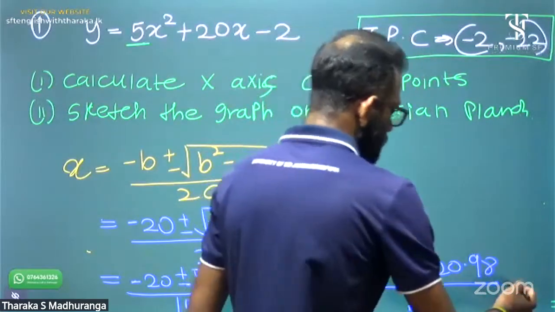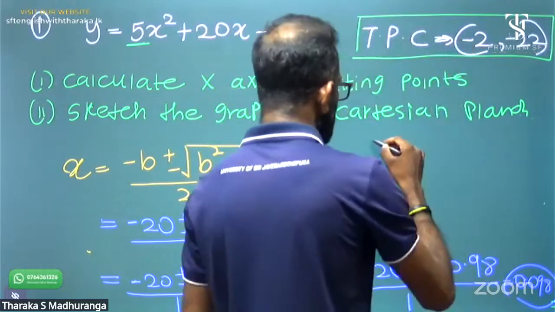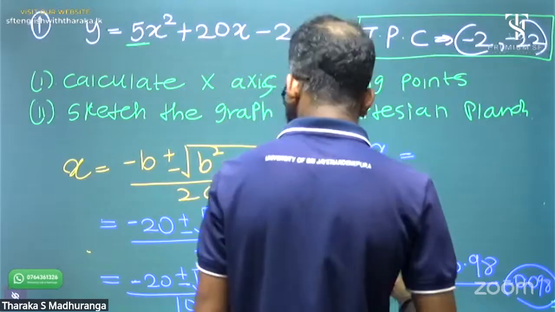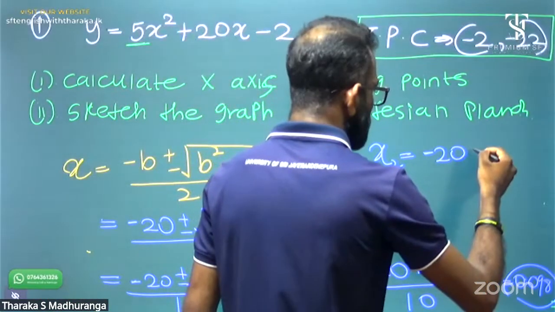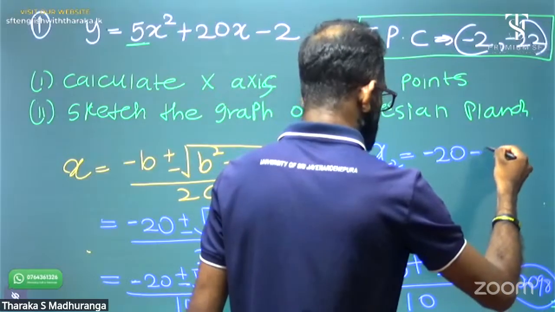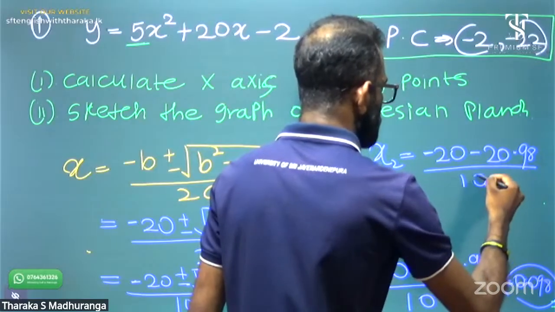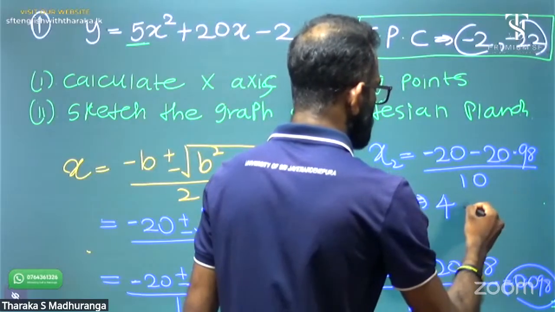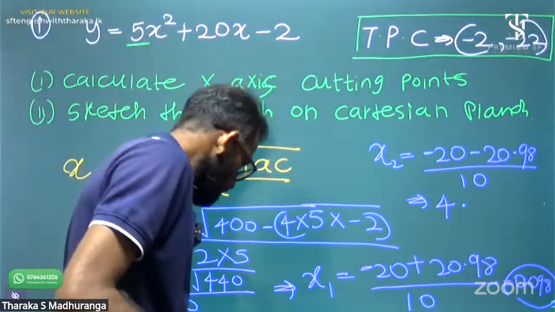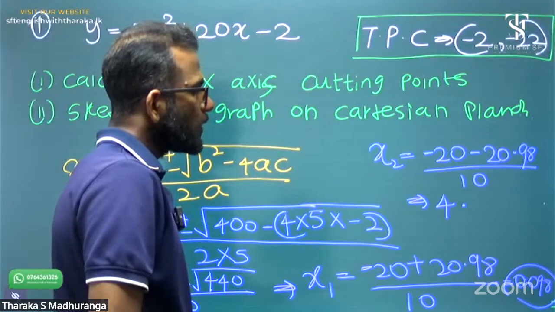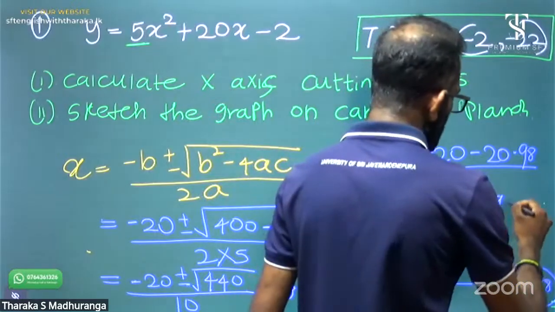The second one, x2: minus 20 minus 20.98 is 40.98, divided by 10, that is 4.098.